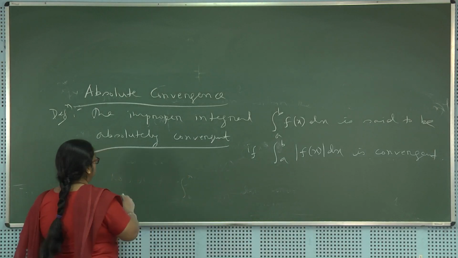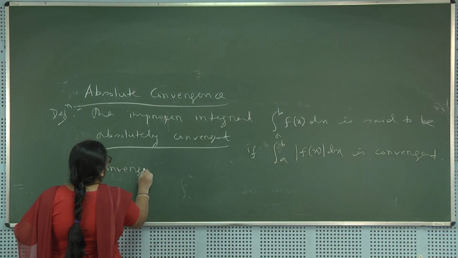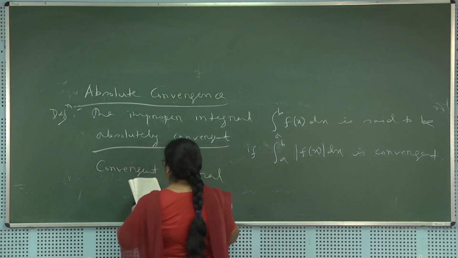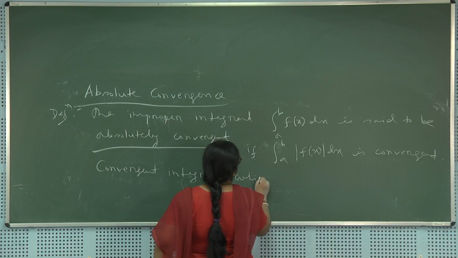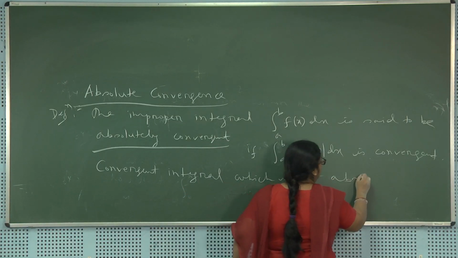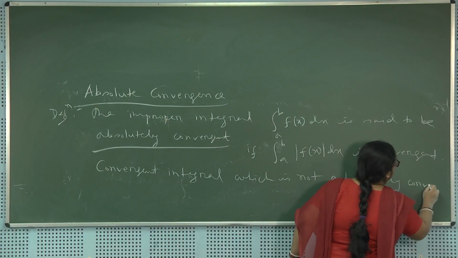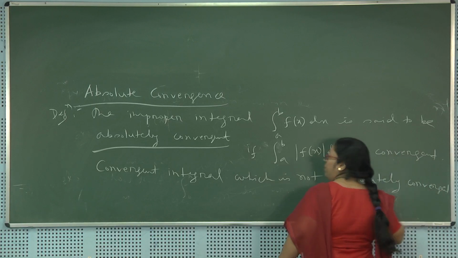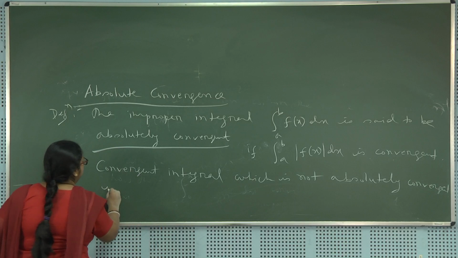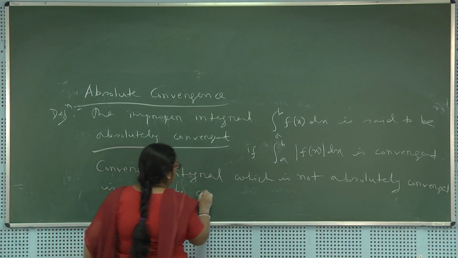If it is not so, that means a convergent integral which is not absolutely convergent is said to be conditionally convergent.